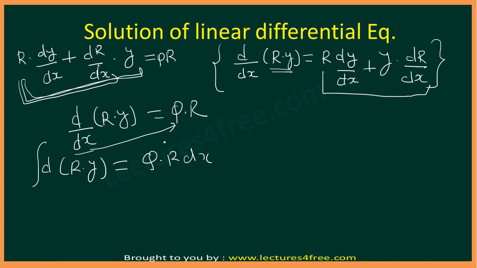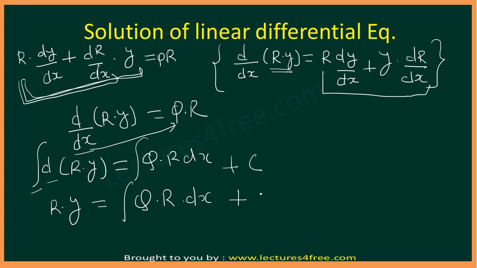So let's put the integration sign here, and if you integrate, let's put a constant here. The differentiation and integration will cancel each other. Then you will get r·y is equal to the integration of q·r dx plus a constant c.